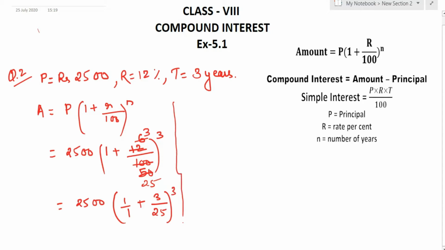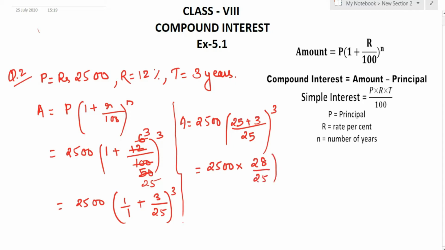So the amount will be equal to 2,500 and the LCM will be 25. So 25 ones are 25 plus 3 ones are 3, the whole cube. So 2,500 into 25 plus 3 is 28 upon 25, whole cube.